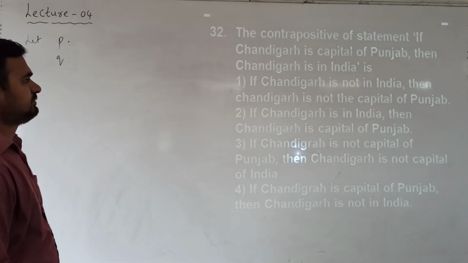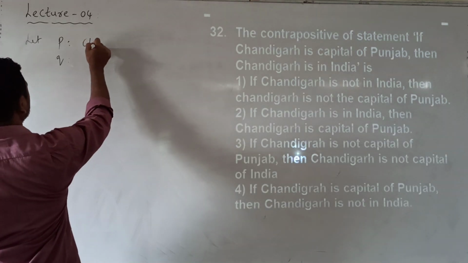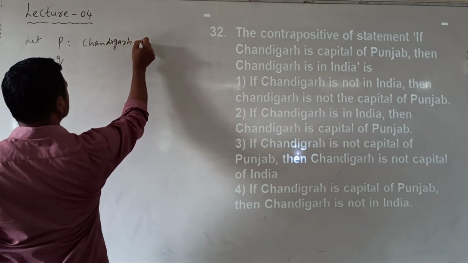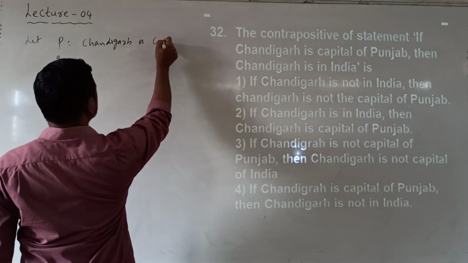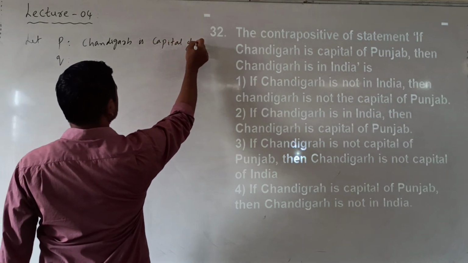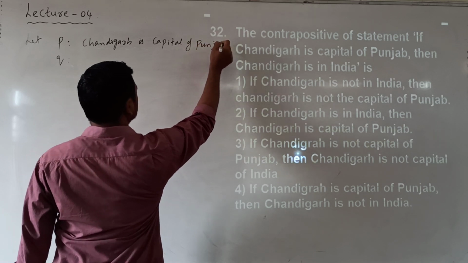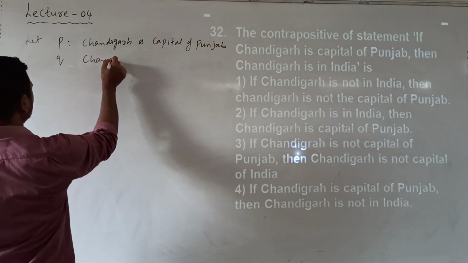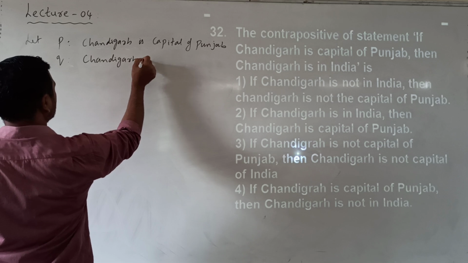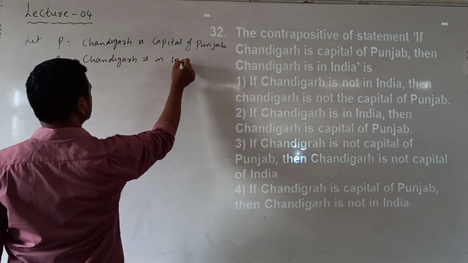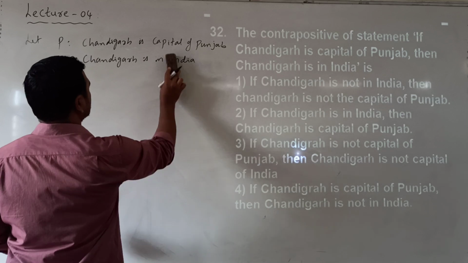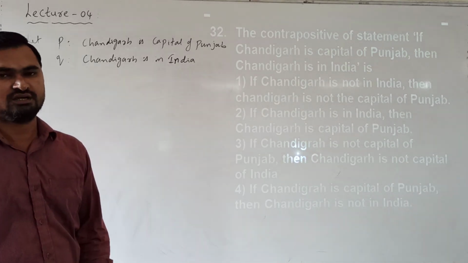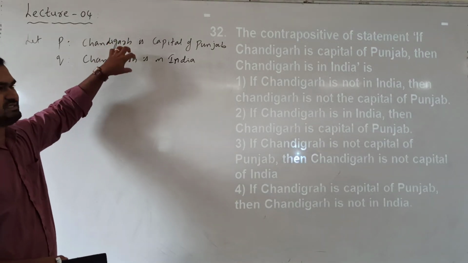If Chandigarh is capital of Punjab, then Chandigarh is in India. So these are the simple statements given in the form of compound statement. So first find what are the simple statements here. P: Chandigarh is capital of Punjab. Q: Chandigarh is in India. So these are the two simple statements we have.